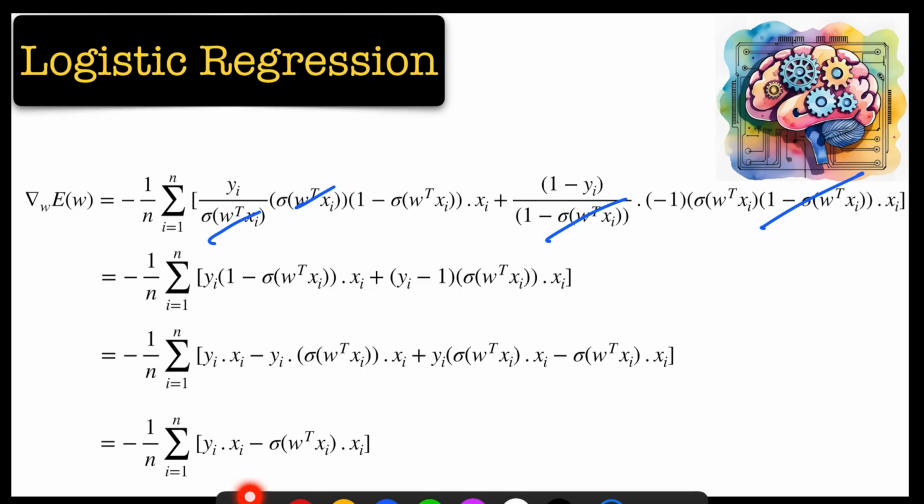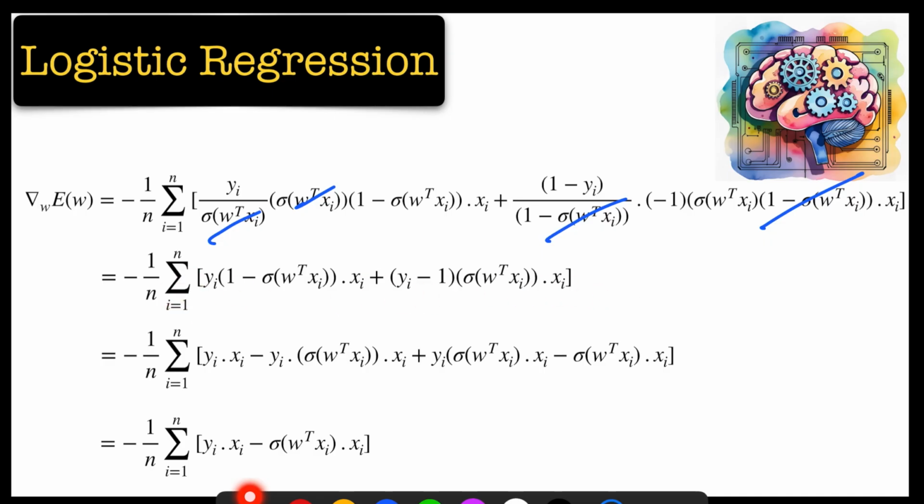We are getting yi times 1 minus sigmoid of w transpose xi, then xi, right? From here, what we are getting? 1 minus yi, and we are getting minus 1 here. So we are making it (yi minus 1) times sigmoid of w transpose xi, then we are getting xi. So this is the simplified version.